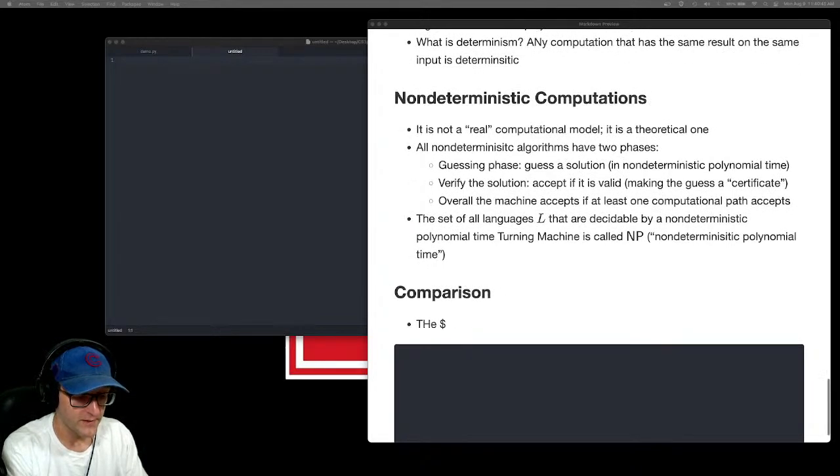The P versus NP problem asks, is P equal to NP?